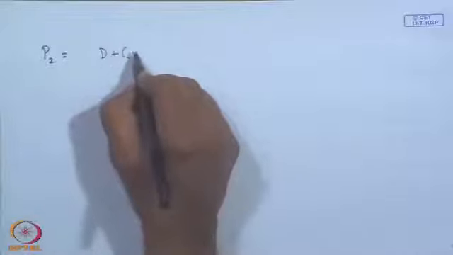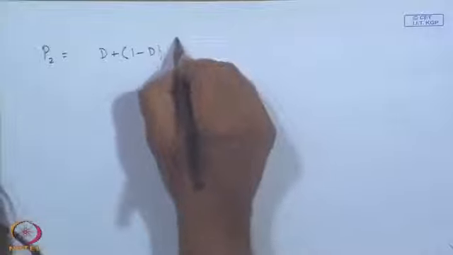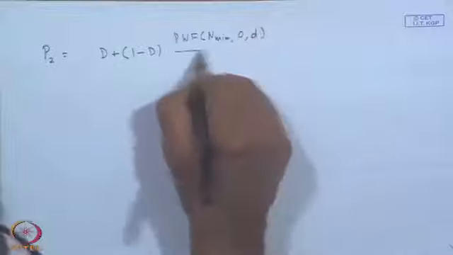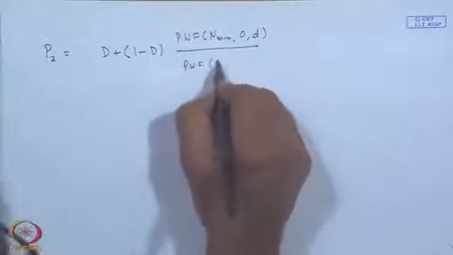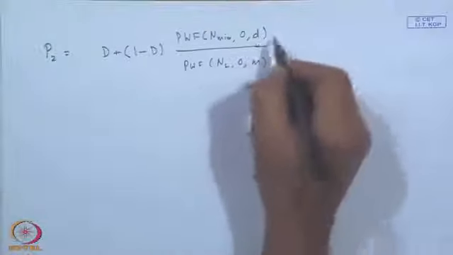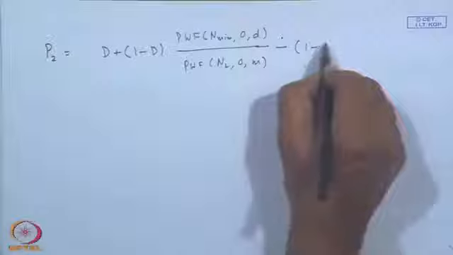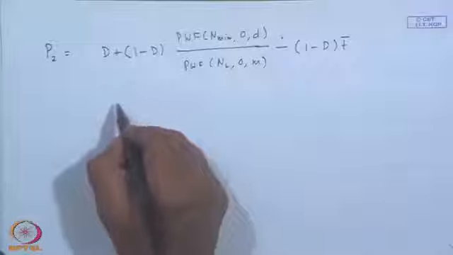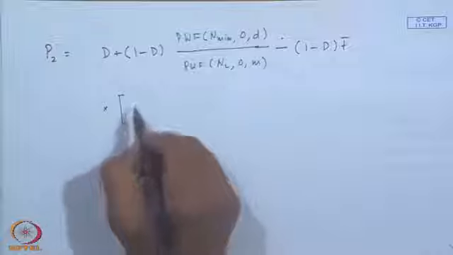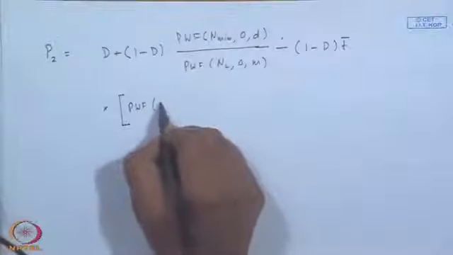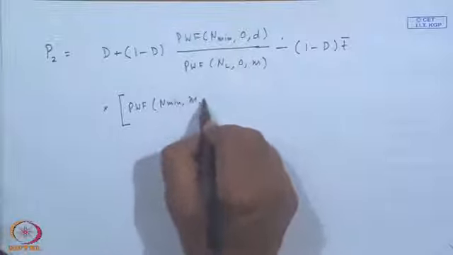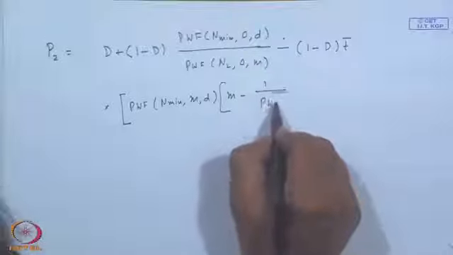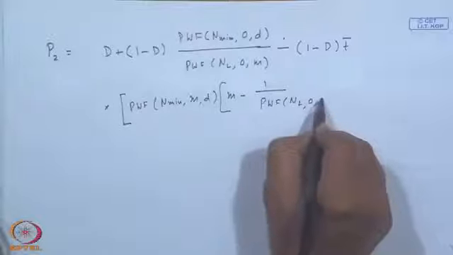D plus 1 minus D, and present worth of N minimum, 0, D upon present worth of N L, 0, M, times minus 1 minus D into T bar, and this multiplied by present worth of N minimum, M, D, times M minus 1 by PWF of N L, 0, M.